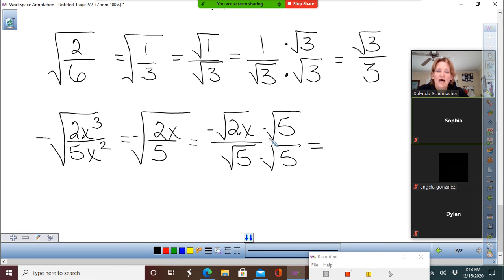On the top, I still have this negative on the outside. And we multiply our insides together. 2x times 5 is 10x. On the bottom, the square root of 5 times the square root of 5 is just 5. Now you can't reduce this because this is inside a square root. This is outside a square root. So this is your final answer.